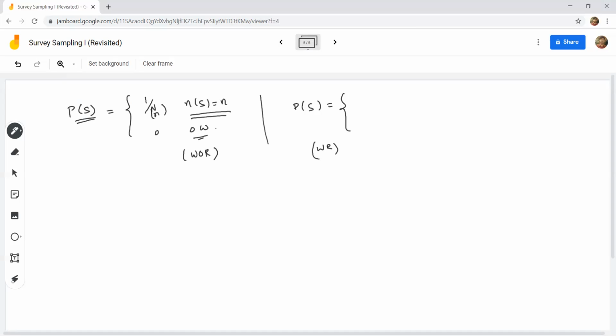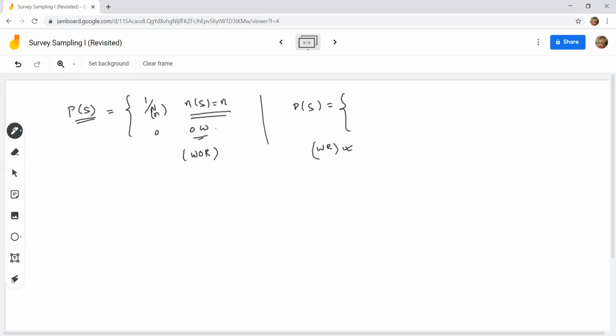No, because in the WOR case you are not allowing any repetition, so that's why you are choosing 1/NCn. But in this case, there might be repetitions. So what should be the denominator in this case? It should not be NCn, because then you would be drawing only n many samples already. That is not the case.